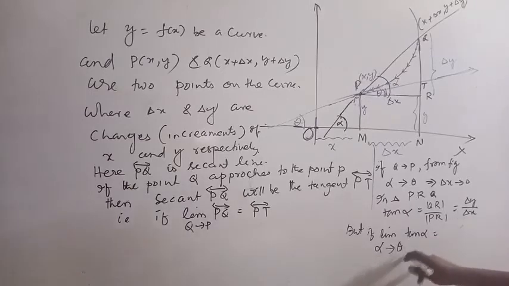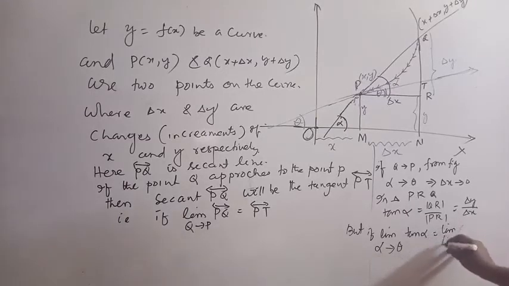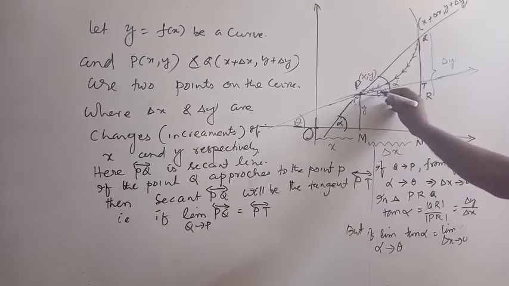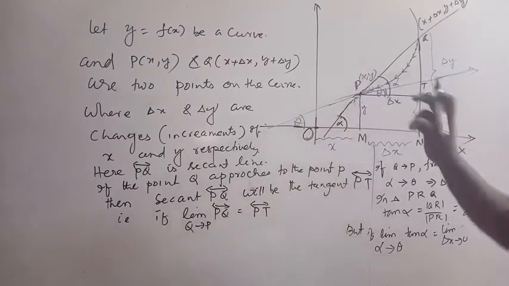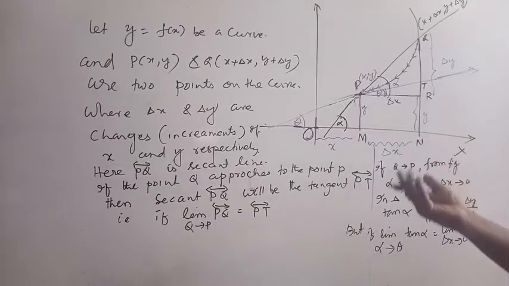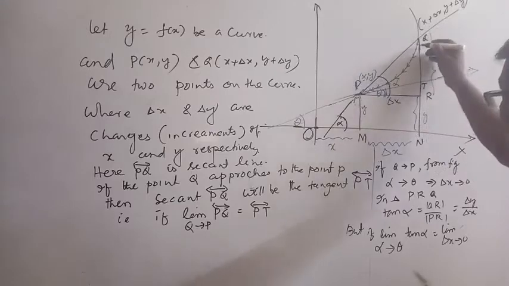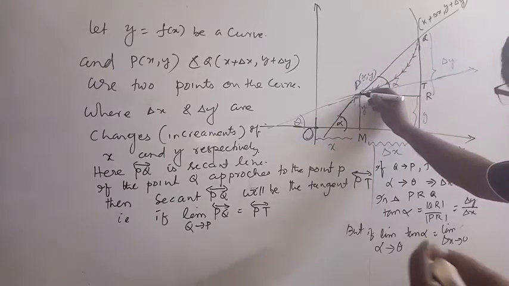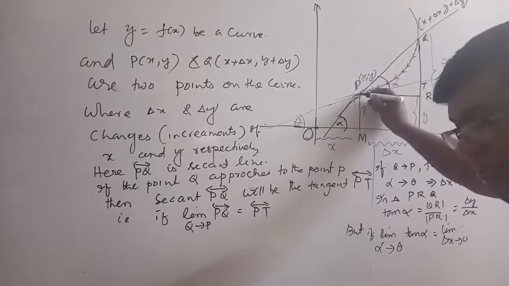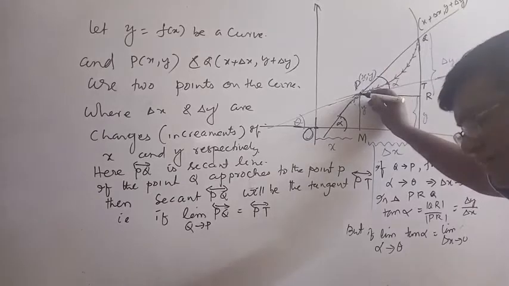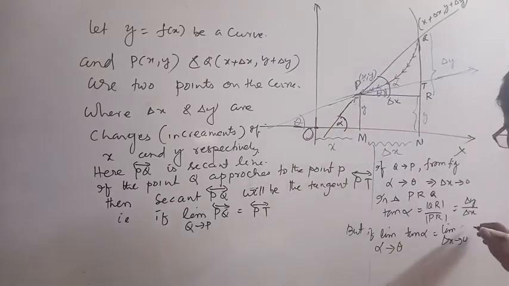If alpha tends to theta, then del x tends to 0. Del x is the change in x. This point is x, and when point Q comes to this point, then the change in x is 0. So delta x tends to 0.